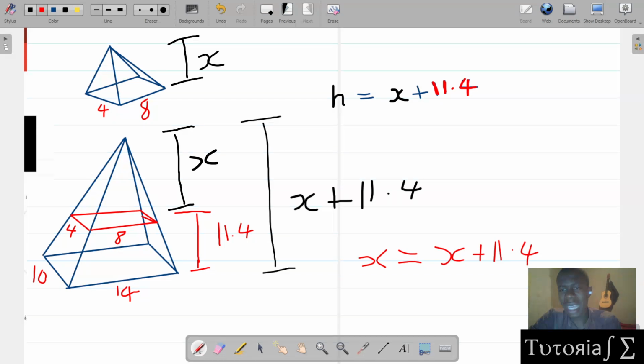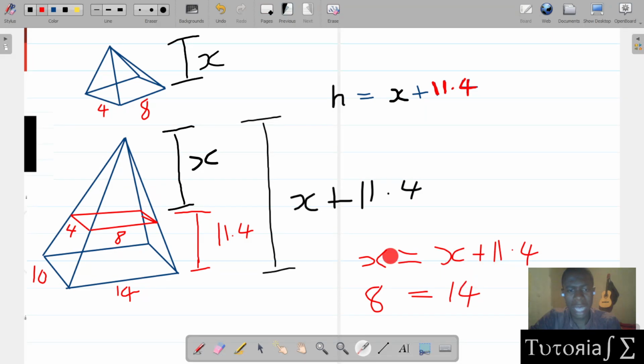Then we are going to take either of the sides, the answer will be the same. We can take 8 corresponding to 14. So we are saying 8 is to 14. And notice how I have put all the elements for the small pyramid on one side. I made sure that all the elements of the small pyramid are on one side of the equation, and the elements of the big pyramid are on the other side of the equation.